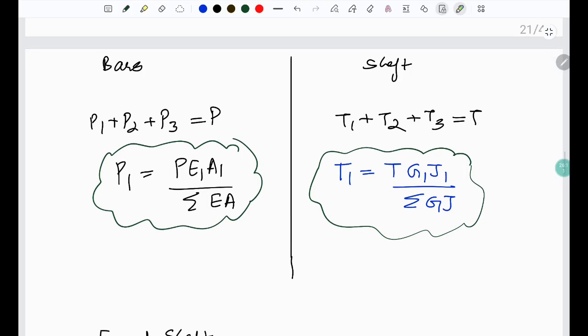Then we have bars and shaft. In the bars, P1 plus P2 plus P3 equals P, and P1 is found out as total load P into E1 A1 over summation EA. In the shaft we have T1 plus T2 plus T3 equals T. T1 can be found out as T dot G1 J1 over summation GJ.